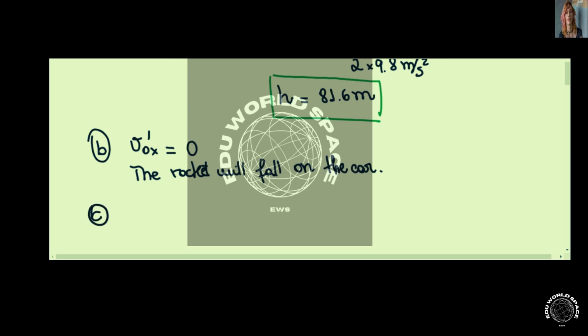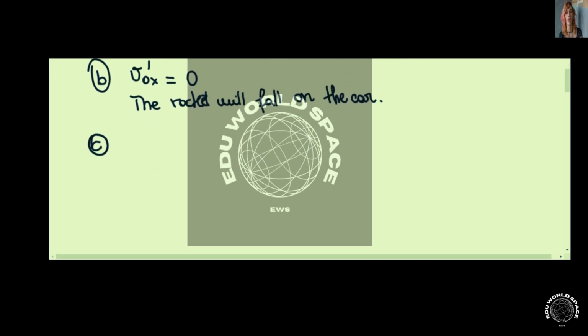Then question C. We have to find how far the car moved while the rocket was in the air. Now notice that we can find how much time it takes for the rocket to fall back, that is how much time the rocket spends in the air. To explain it, I'm going to show here again the figure of the projectile trajectory.